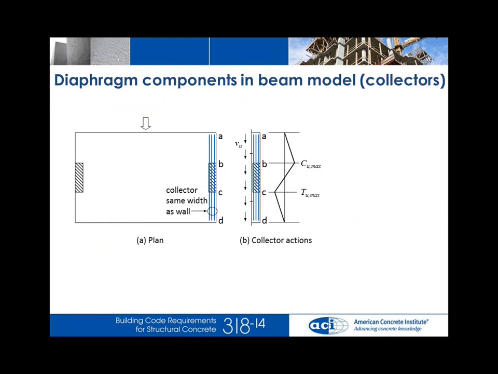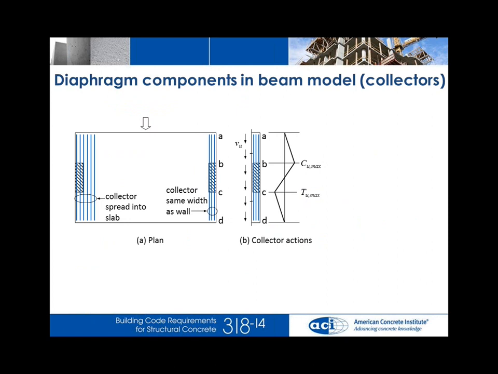So as suggested here, if there's a shear on the diaphragm from A to D, that's going to load up one of the collectors, AB, in compression. The collector along CD gets loaded up in tension, and those forces have to be then transferred out of the collector and into the wall along the wall length, either the entire length or some suitable length that's selected for design.